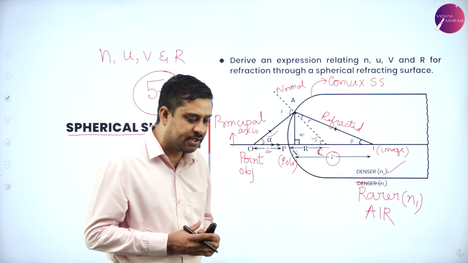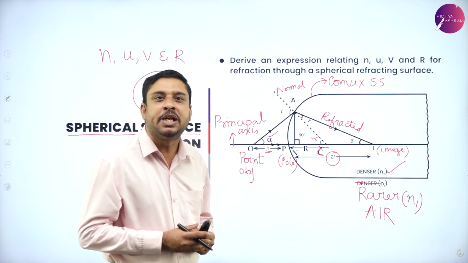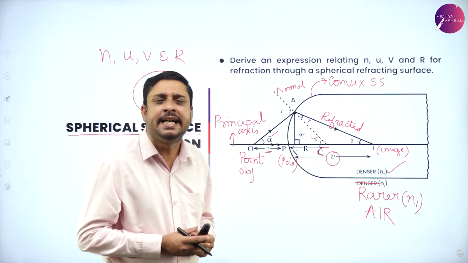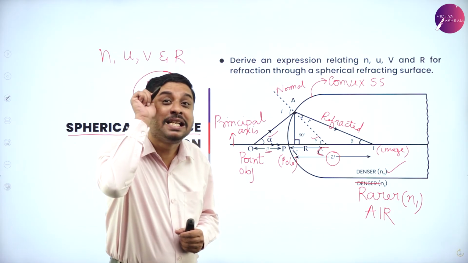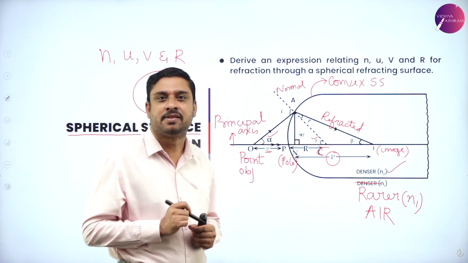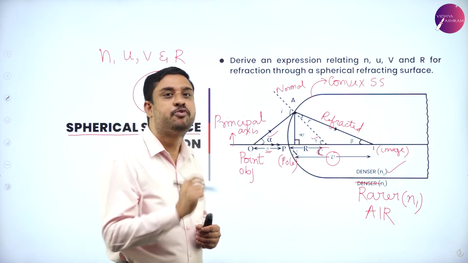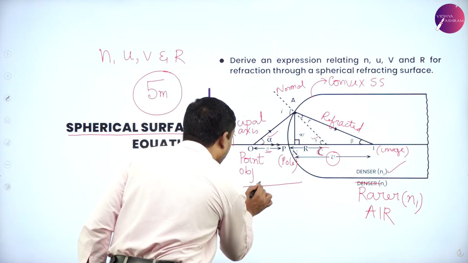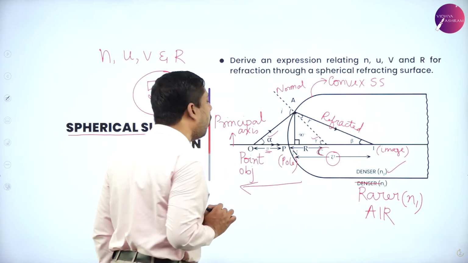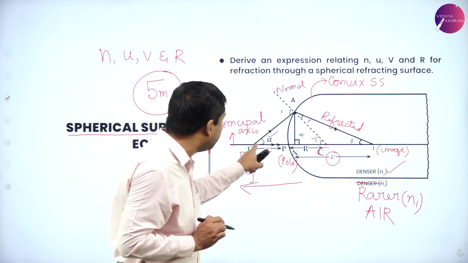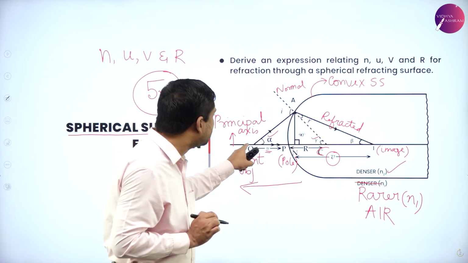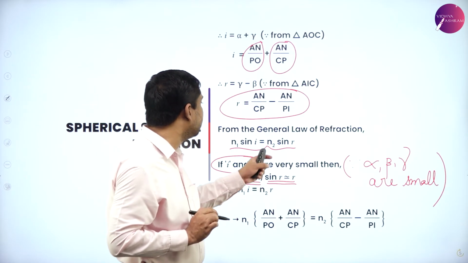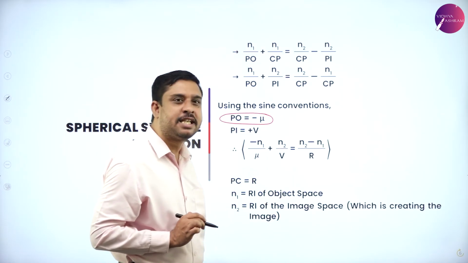My dear students, the sign convention says we measure any distance from the center of the surface, the pole, to the object. So distance has to be measured from P to O. But look at the actual direction of light. It is from O to P. Therefore, object distance is taken to be negative.